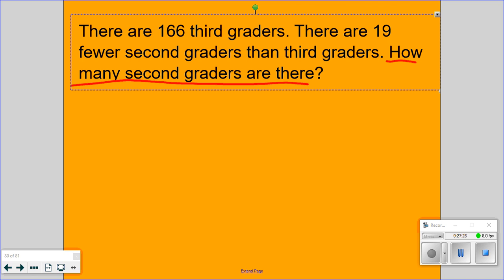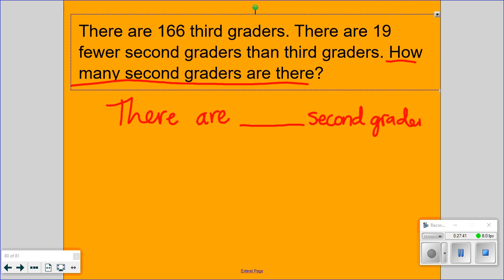We're writing. We didn't create that sentence for magic. It came from the question.